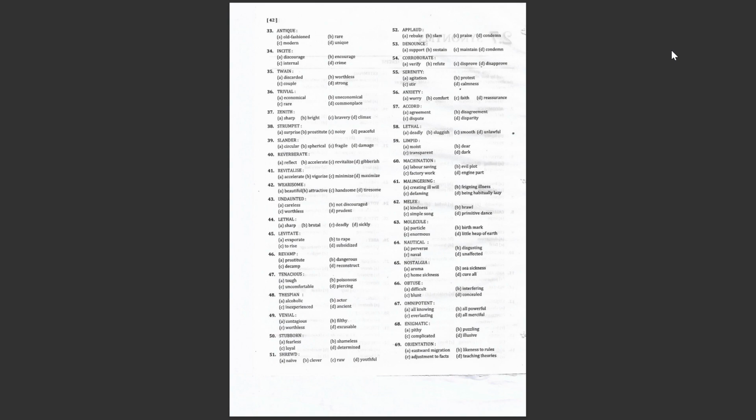Something which is not very important, something which is not worth the time and attention. It is extremely insignificant, right? That is what trivial means. So the correct option would be option D, commonplace.